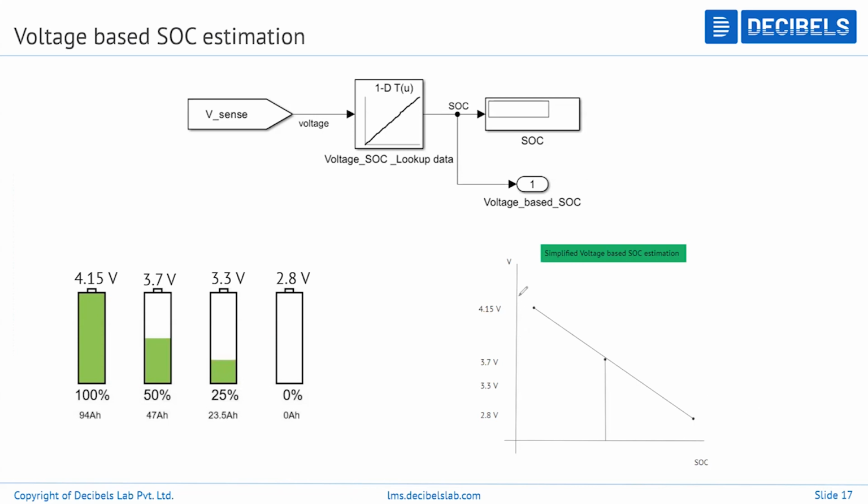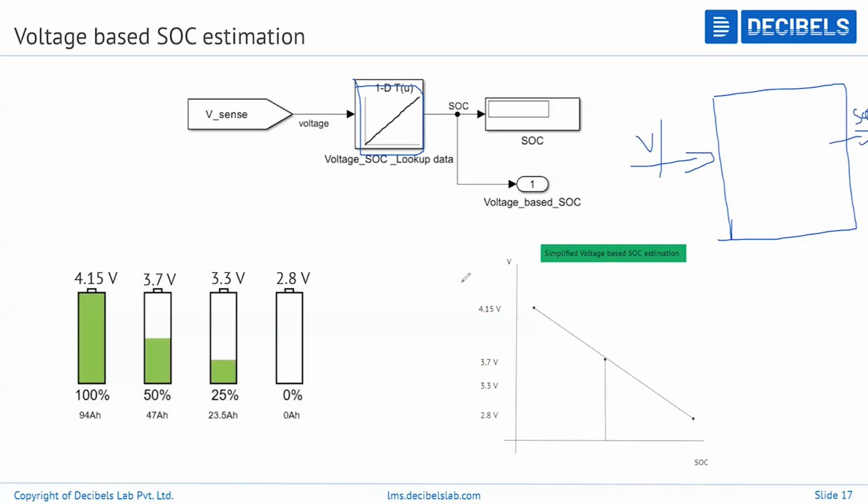So you are going to map. If you see this block I have kept, we call it a lookup table from Simulink. The input will be your voltage value, which you are getting from the sensor of your battery, and the output will be your SOC.